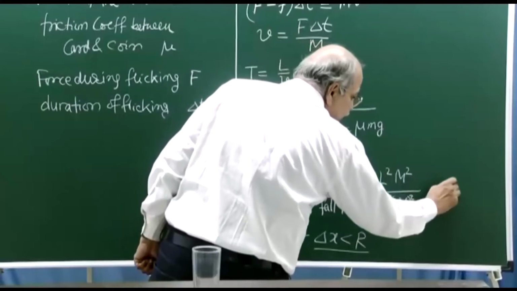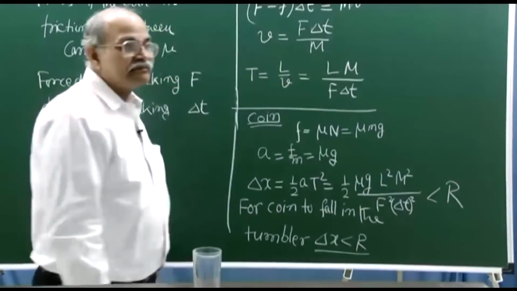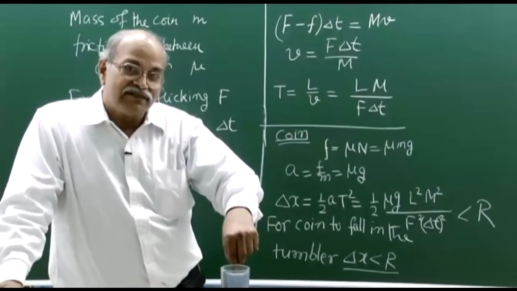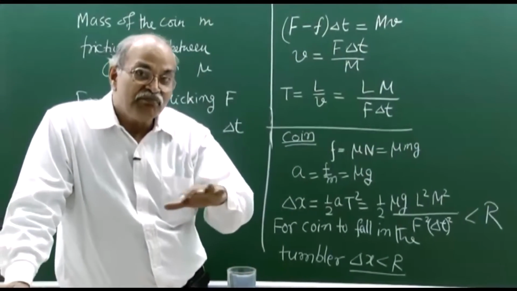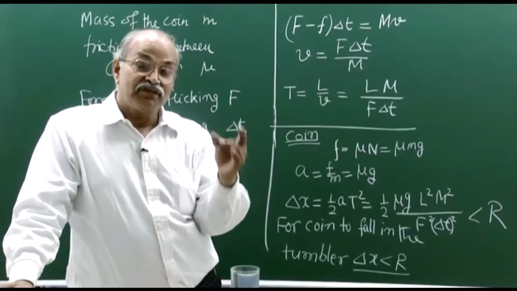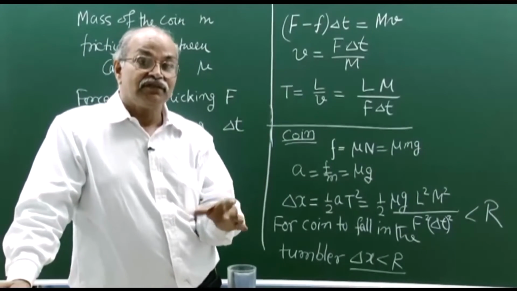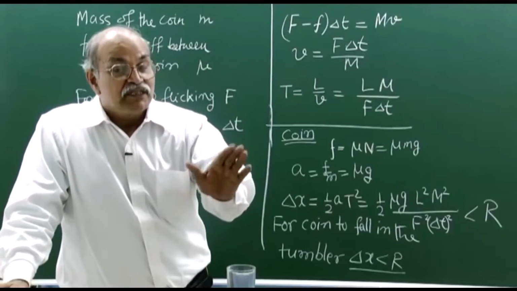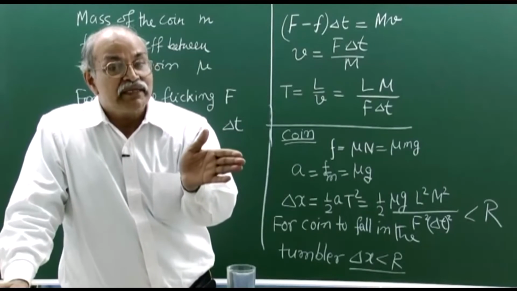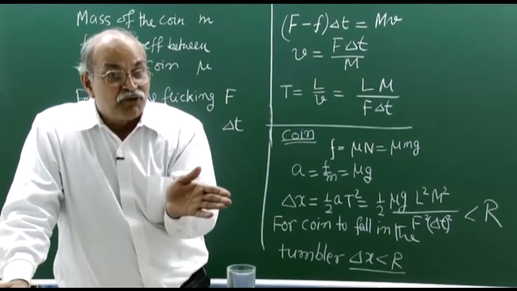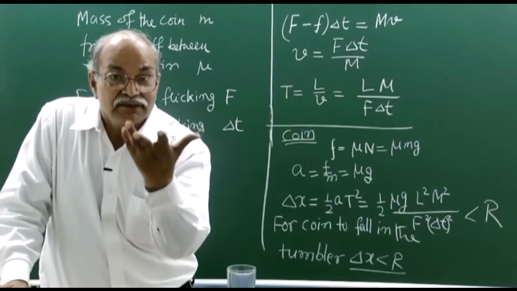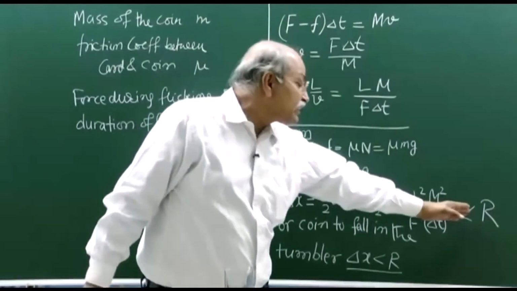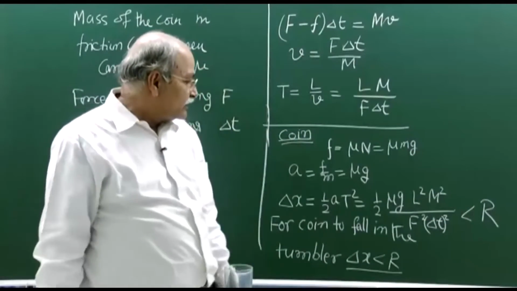So, the coin falling in the tumbler does not mean that because of inertia, because of Newton's first law, the coin remains at rest and the card moves. The coin also moves, but the total distance moved by the coin before this card goes away is this much, and if that happens to be smaller than the radius, then it falls in the tumbler.